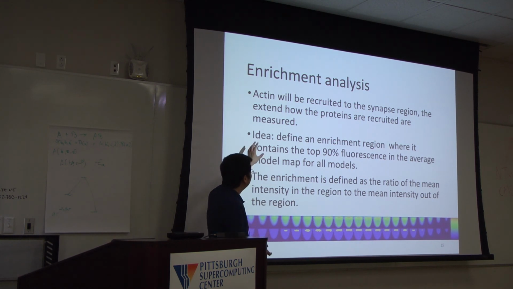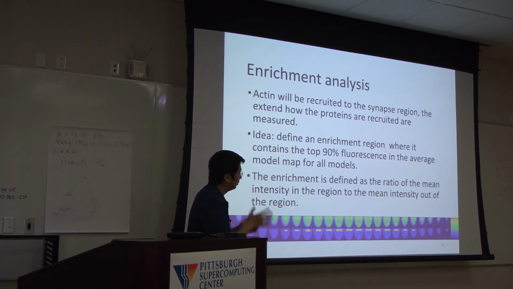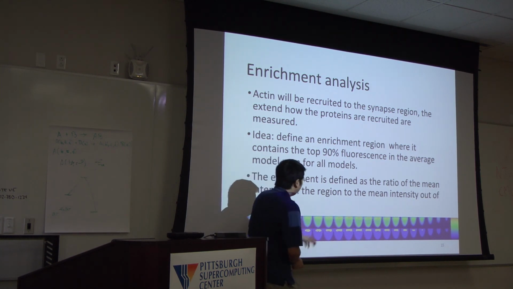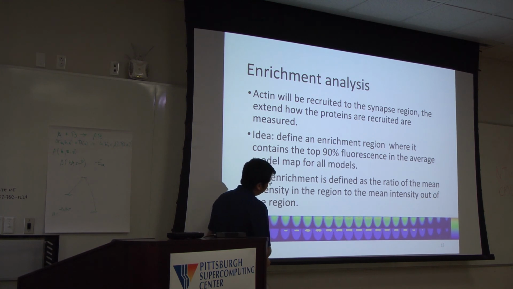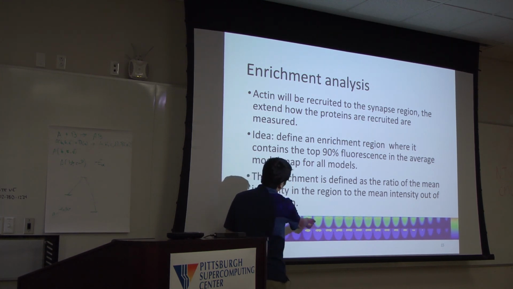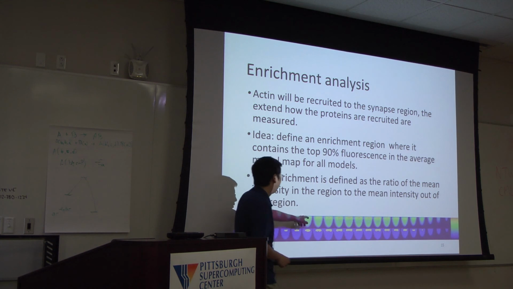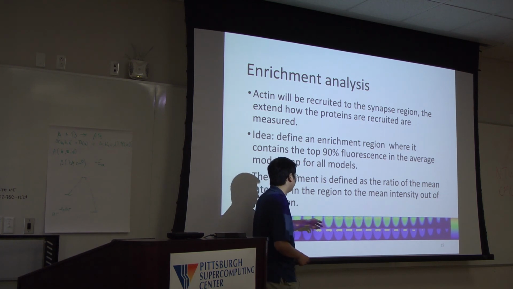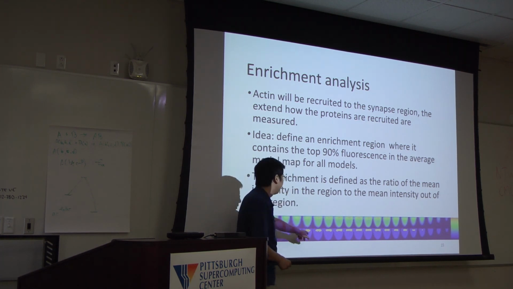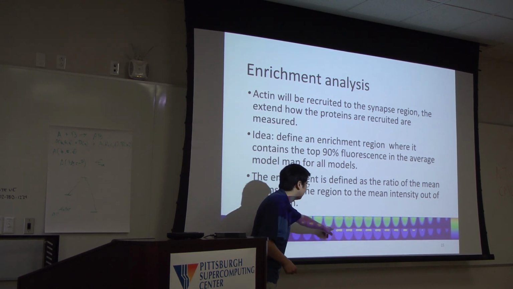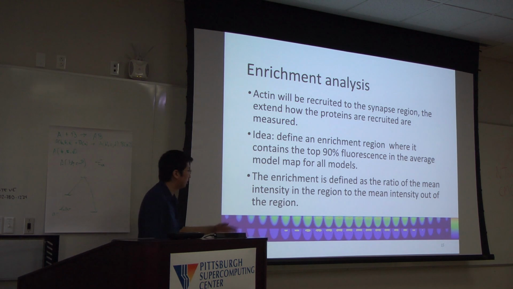We do so by averaging all the models for all time points, all proteins, and the 2 conditions. So this is the mean map. And then we define the synapse region by setting a threshold at the top 90% of fluorescence in this model. So we can get the region, the yellow in the lower panel. These are the enrichment region of the 3D stack.